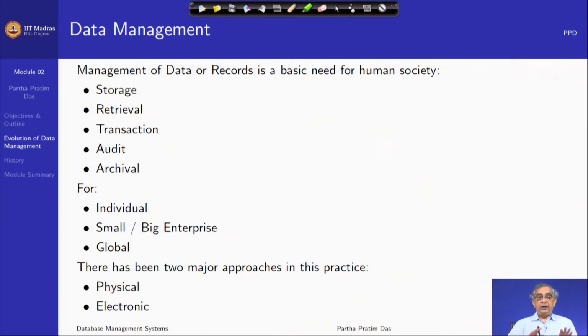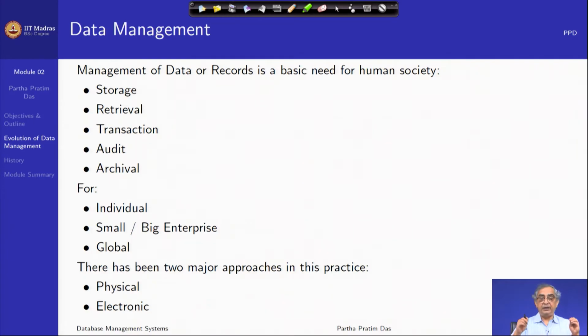If we ask in principle, what does the management of data, which earlier used to be called management of records, what all is needed in human society? What is the basic need? The first of course is storage.